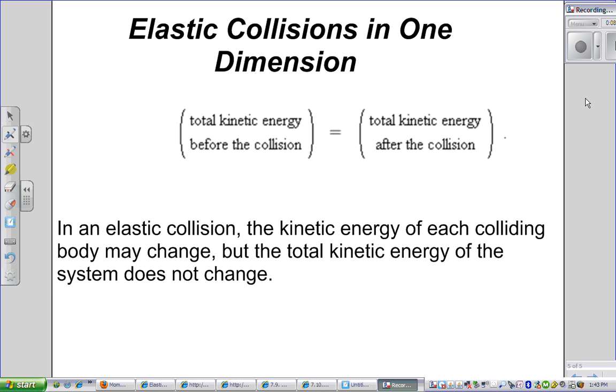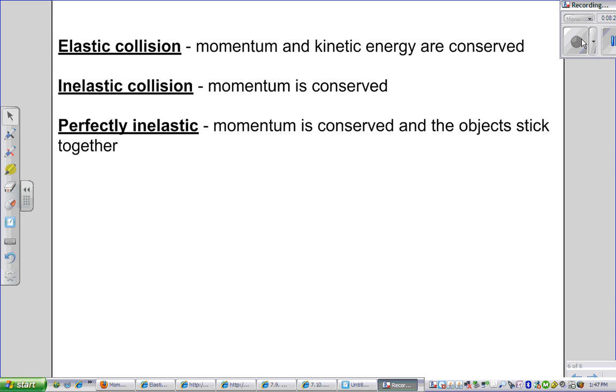Just a brief recap of elastic collisions in one dimension: total kinetic energy before the collision equals the total kinetic energy after the collision. In an elastic collision, the kinetic energy of each colliding body may change, but the total kinetic energy of the system does not change. So here are the three types of collisions.